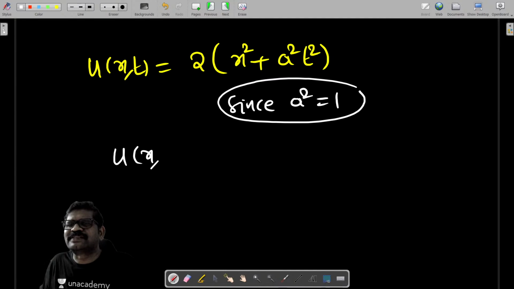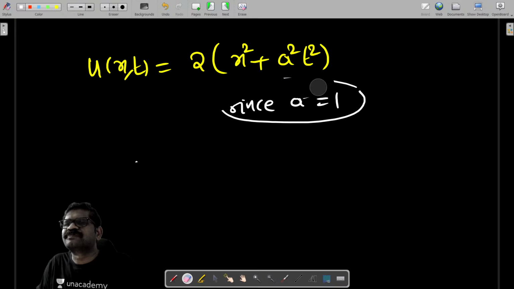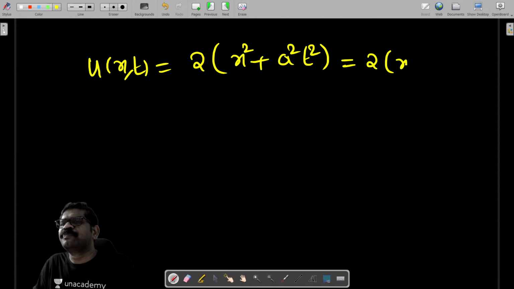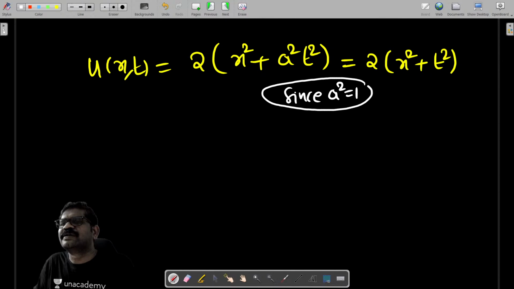Since a square equal to 1, u of x comma t is 2 into (x square plus t square). Since a square equal to 1, from this we got this step.